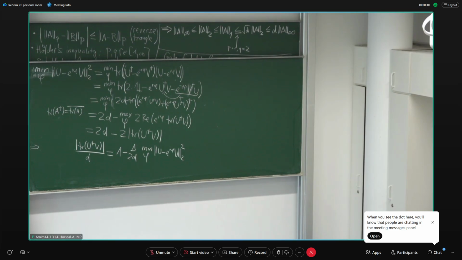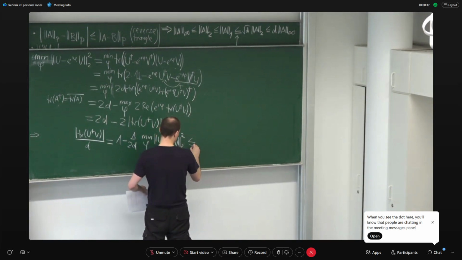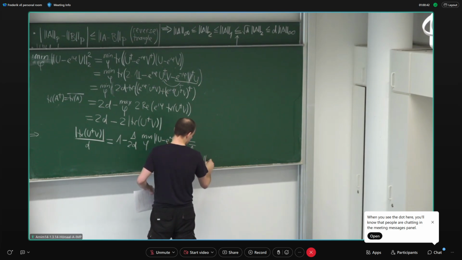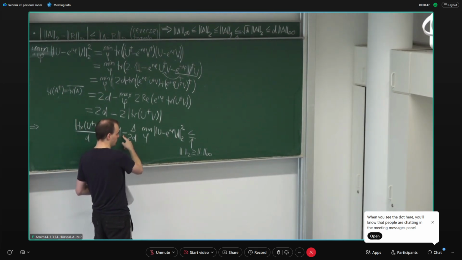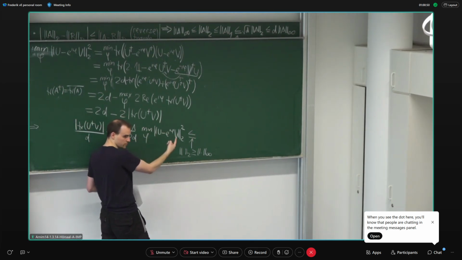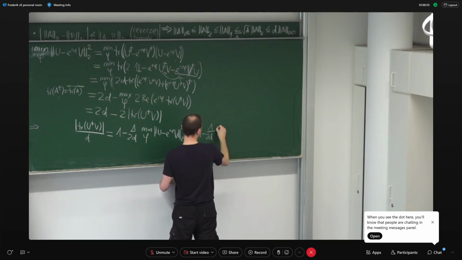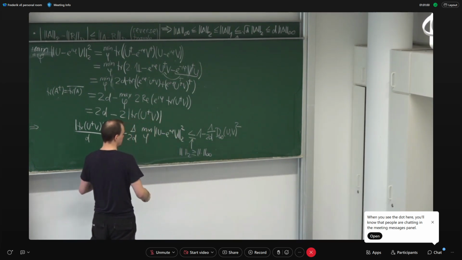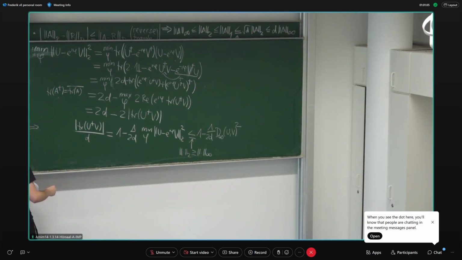And now we use that the 2 norm is lower bounded by the operator norm. And because there's a minus, we're making what we subtract smaller, so the whole thing gets bigger. So you can just replace the 2 by infinity at the expense of an inequality.